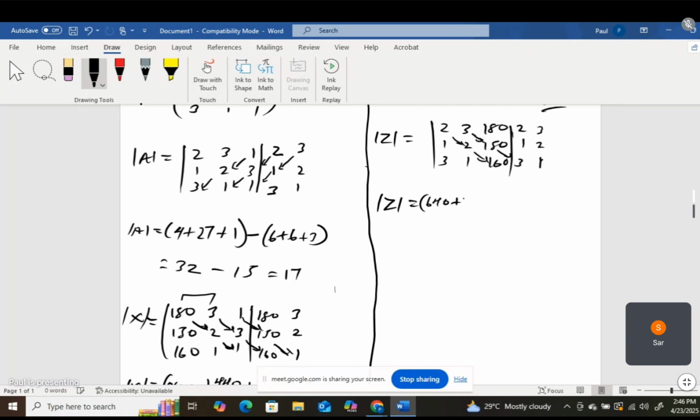Good. So that is 1350. 180 times 1 times 1 will give you 180. Then here we do the reverse.